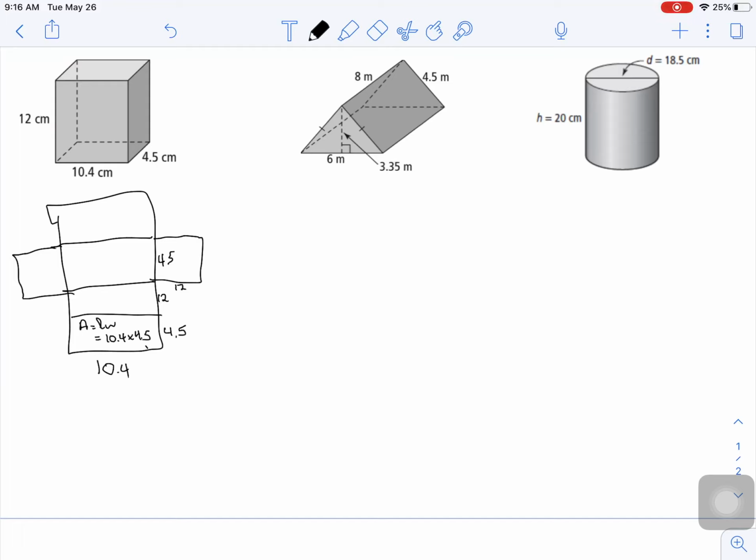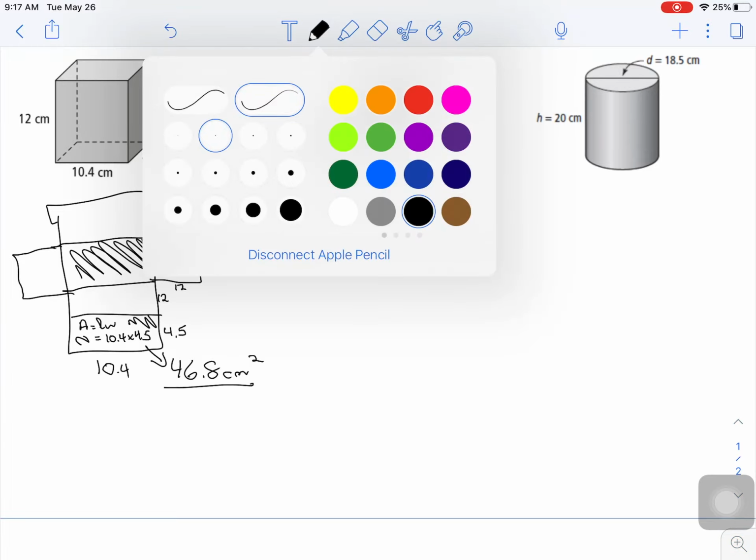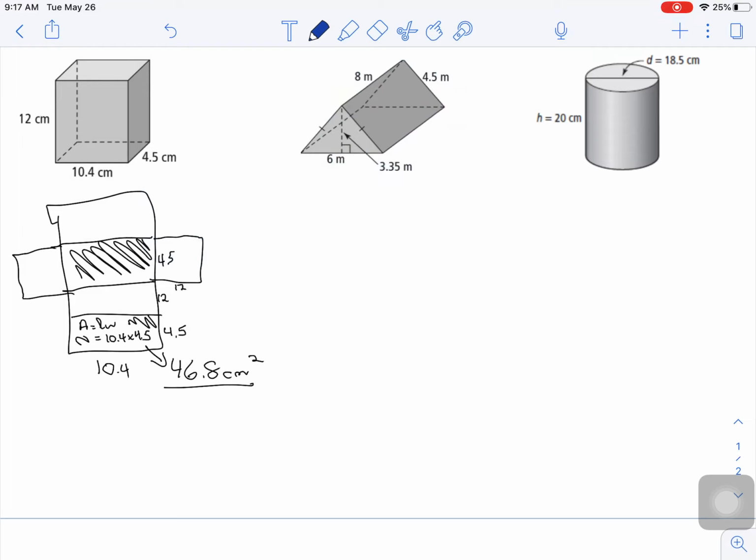Well, that's going to equal 46.8 centimeters squared, but there are 2 of them, right? This shape and this shape are the same dimensions, right here and here. So there's that.